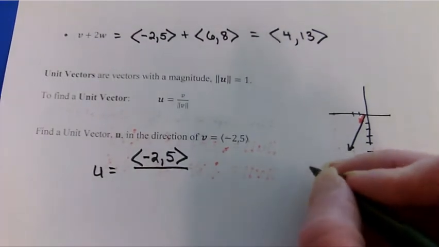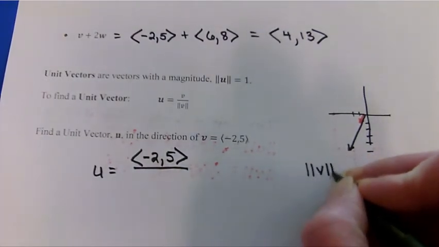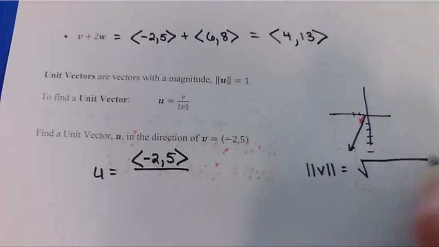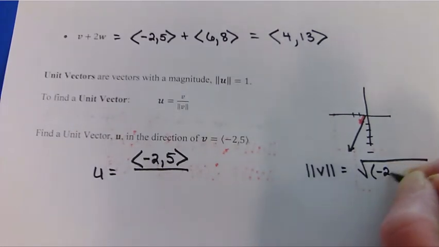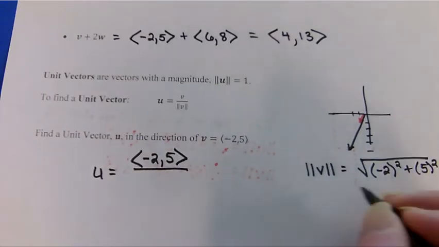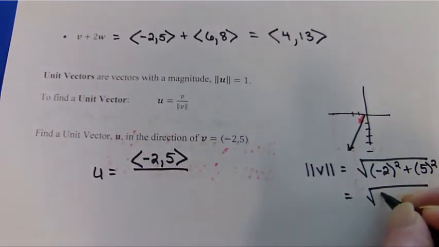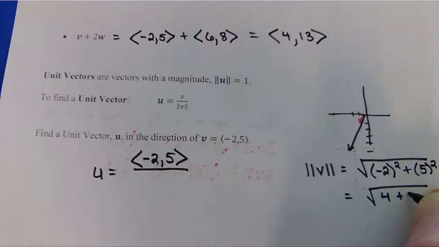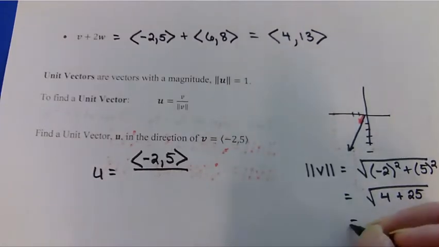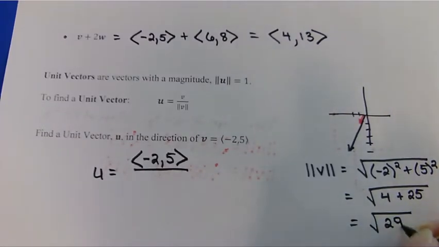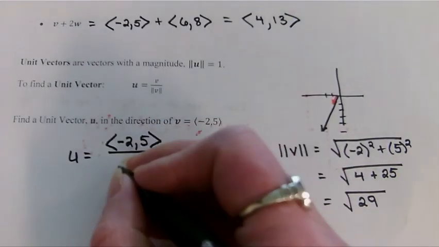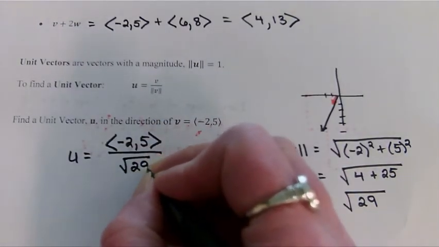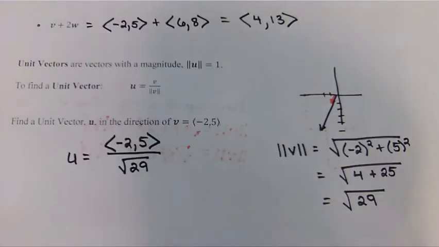So I'm going to come over to the side and find the magnitude of v, which is my horizontal distance squared plus my vertical distance squared. That's 4 plus 25, the square root of 29. So in other words, I'm going to take each of the components and divide it by the length of the original vector.